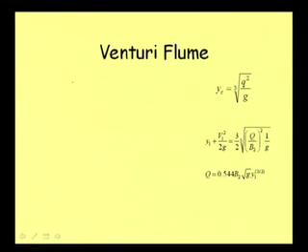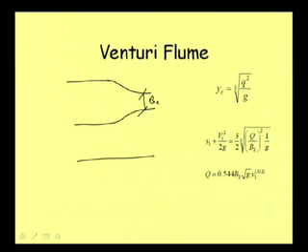Well, then using this particular principle, that when we have critical bed width here, then we have critical flow velocity here and critical depth here, we have Yc here. Based on that, we can devise one flow measuring device that we call a Venturi flume.